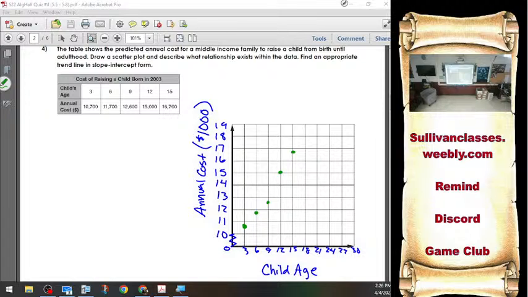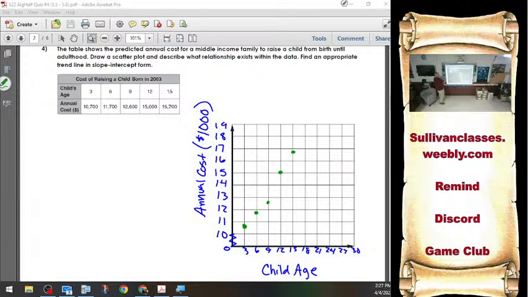At a bare minimum, you should have, I've seen a couple of you using like the edge of your calculator, your permit, your school ID, your Dairy Queen gift card, whatever it is. If you try to put a line through all 5 of those dots, it does not work. So we have to do what is called a trend line.